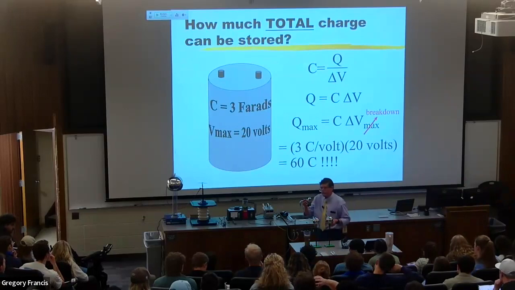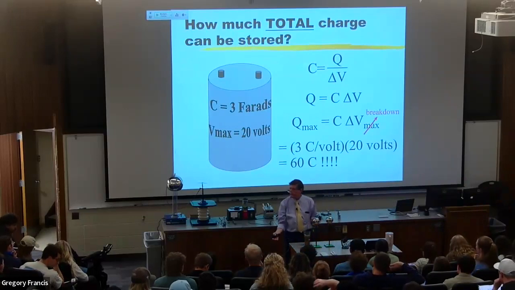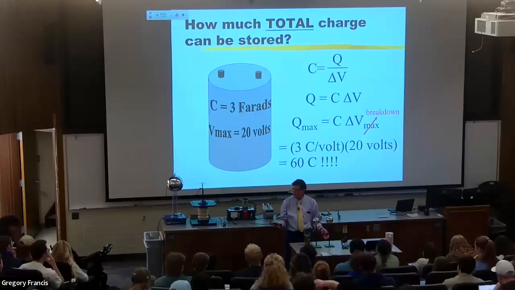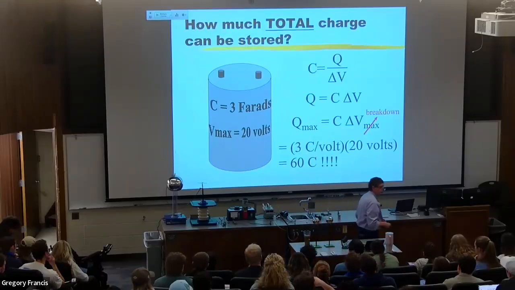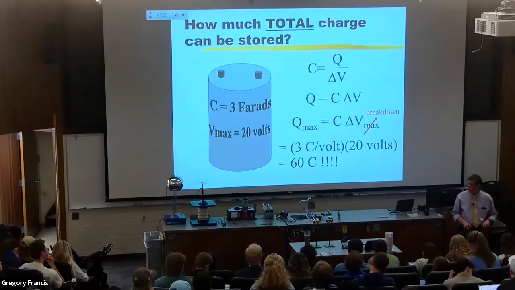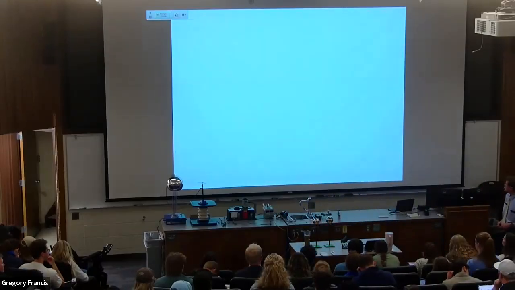But remember, it's 60 positive coulombs on one plate and 60 negative coulombs on the other. So it's actually a total charge of 0. But it's only the electrons that are going to do anything for you. So it's useful.